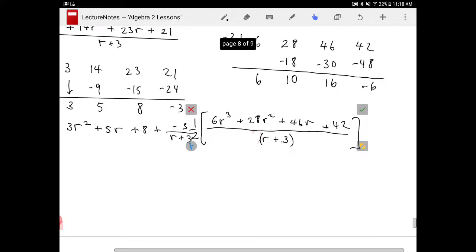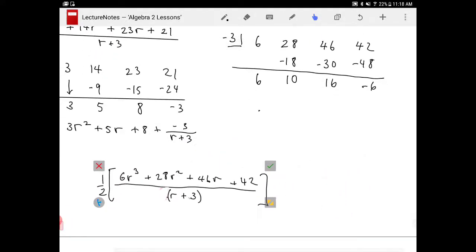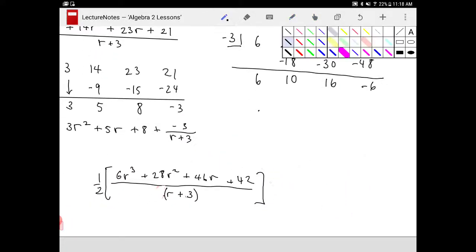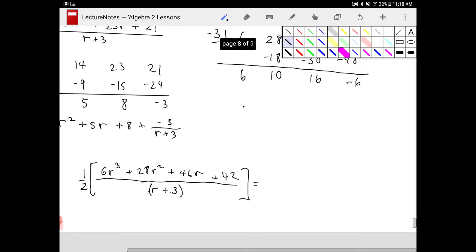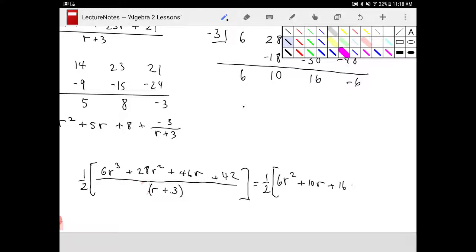If that's the case, then this is still equivalent to 1/2 of 6r squared plus 10r plus 16 plus negative 6 over r plus 3.